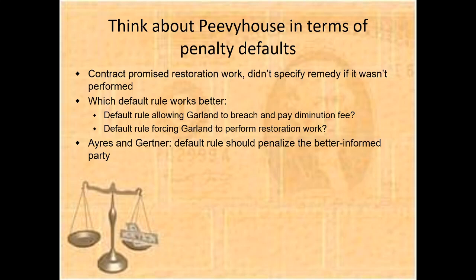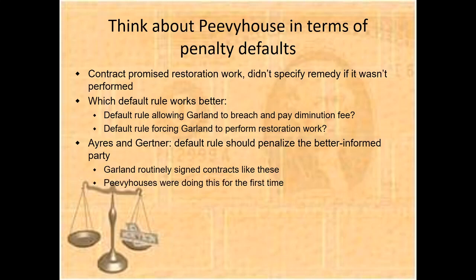In the paper we mentioned, Ayres and Gertner, the default rule should penalize the better informed party. So we had already seen this default rule is going to penalize the better informed party. That means it is actually called the price of knowledge. Garland routinely signed contracts like these.